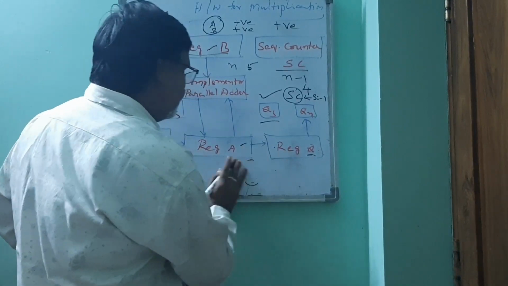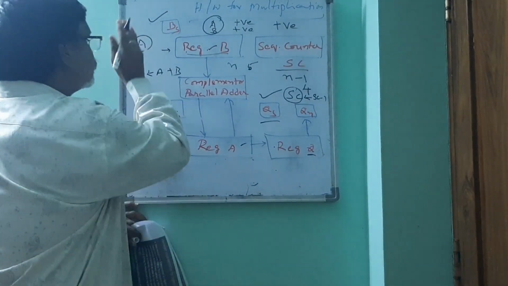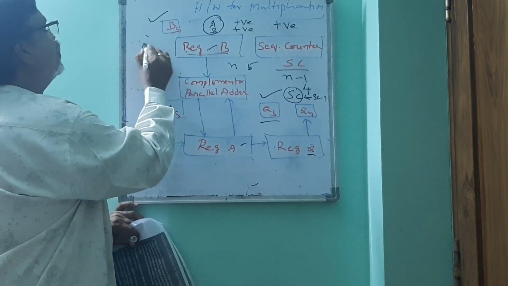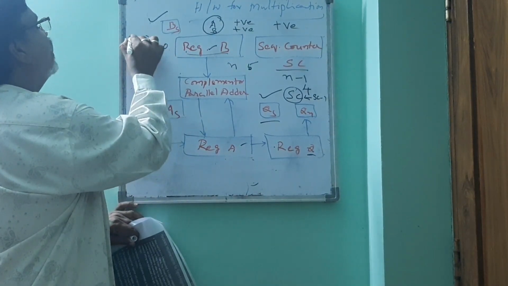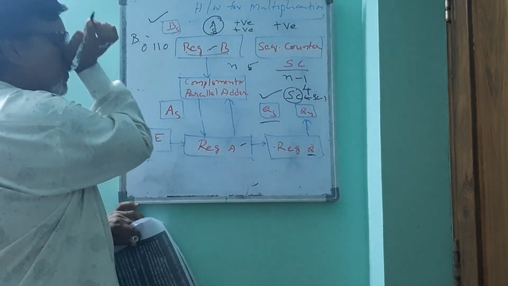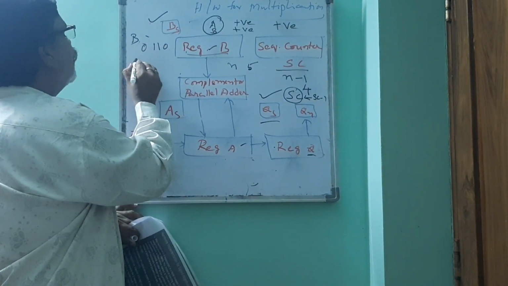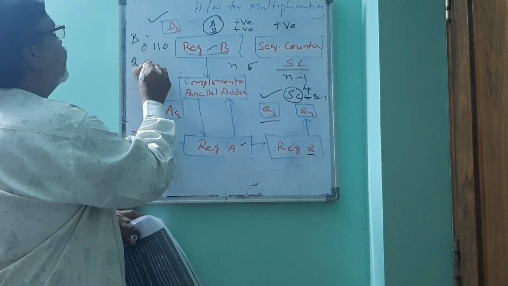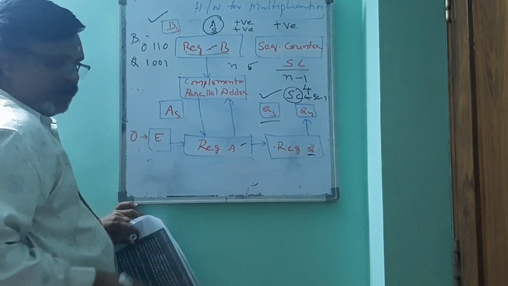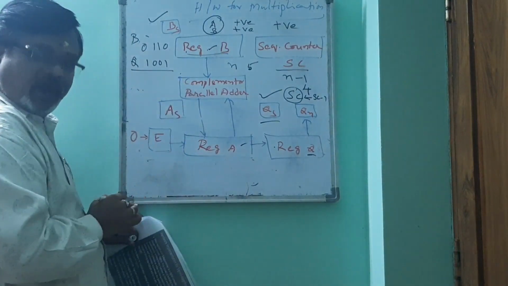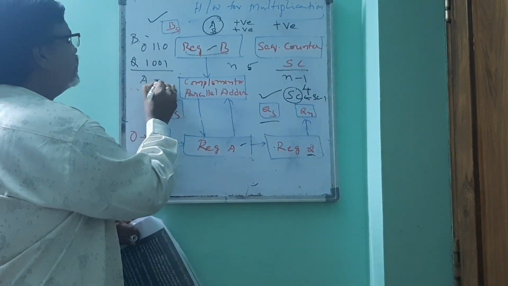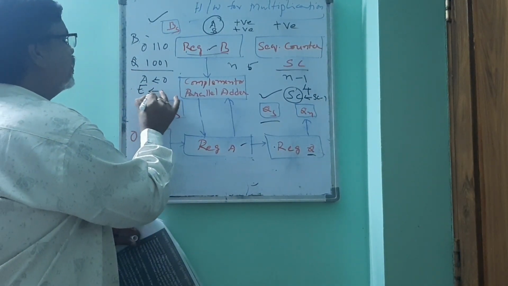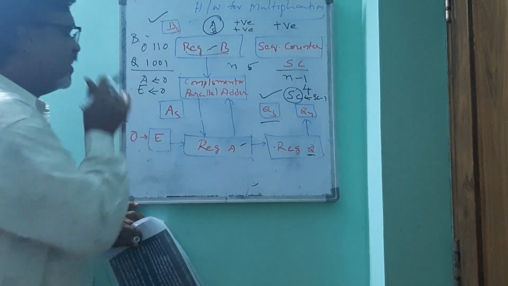For example, you just see 0, 1, 1, 0. It is there in B. As we told you, the value of A is moved to Q, so Q will be 1, 0, 0, 1. After moving the value of A to Q, now A is initialized with 0, and E is initially 0.